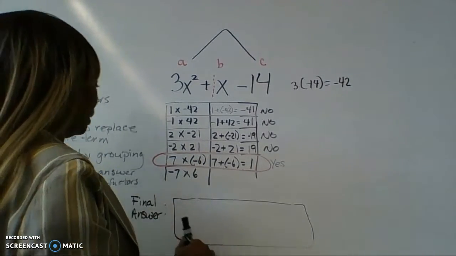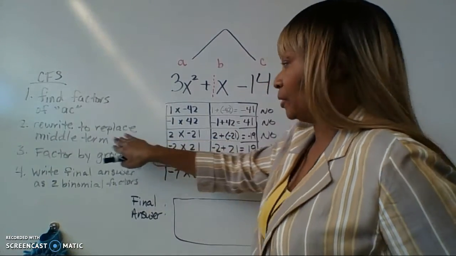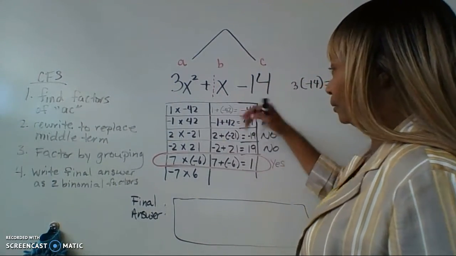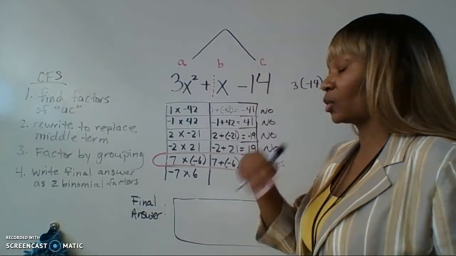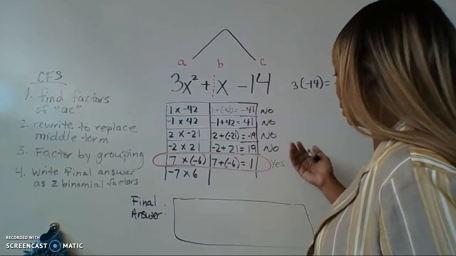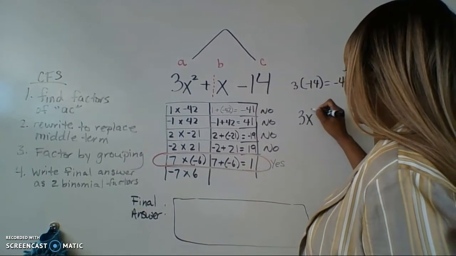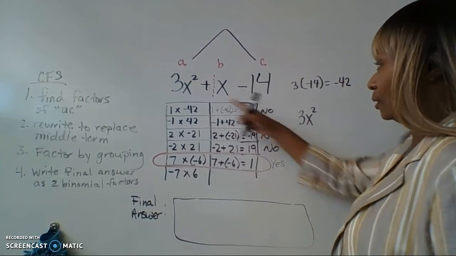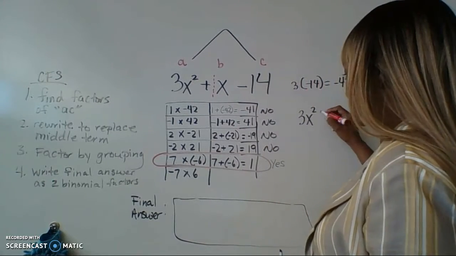Now, the next step is to rewrite, to replace your middle term. So you're going to take the trinomial and turn it into a quad, meaning 4 terms, a quadratic expression. To do that, I'm going to rewrite 3x squared, which was my original A, but I'm going to change the plus 1x and use my numbers.